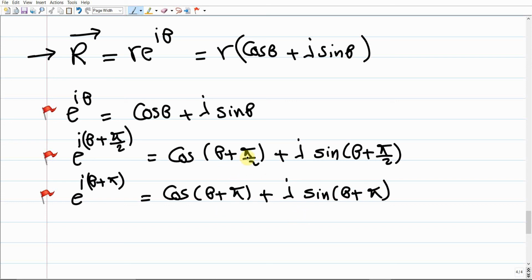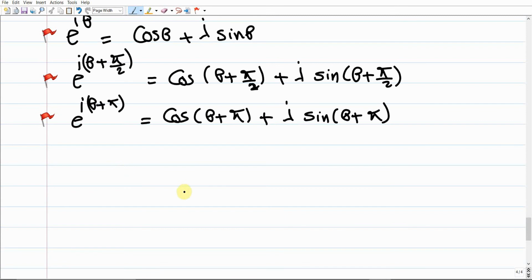But the cosine of theta plus pi over 2, or the cosine of theta plus pi, would be converted into either cosine theta or negative cosine theta, and so on. It means that we can get rid of the pi over 2, right? So how can we do it? You should consider these trigonometric relations, and you can even use the calculator and try them. The cosine of theta plus pi over 2 automatically gives negative sine theta.